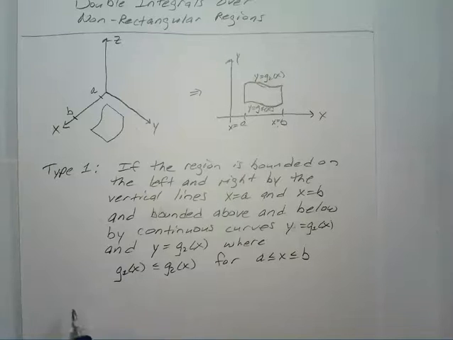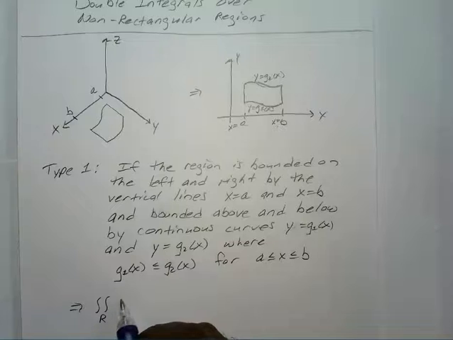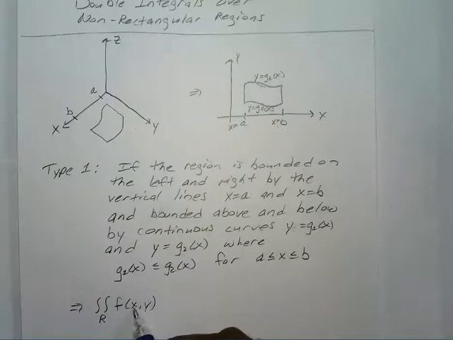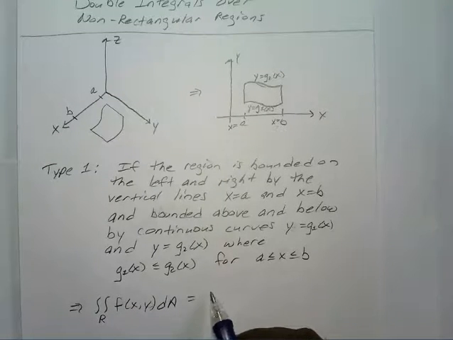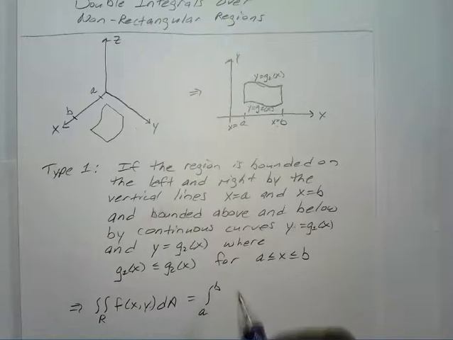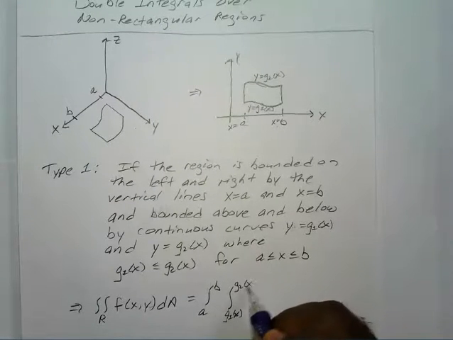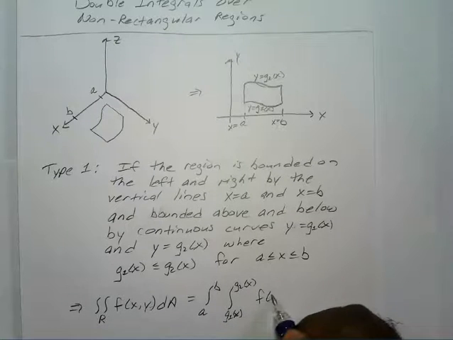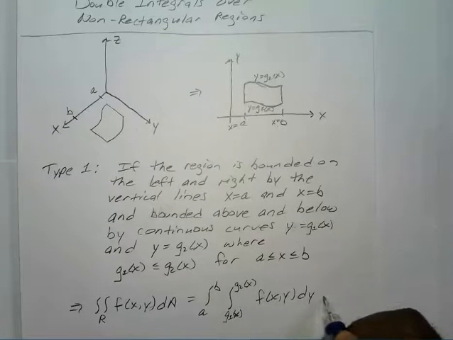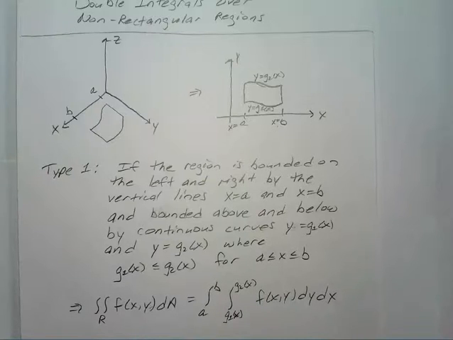Okay, now if this is the case, your double integral over the region of our function f of x and y with respect to the area of the region is equal to the integral from a to b and the integral from your first function of x to your second function of x, of f of x, y with respect to y with respect to x.